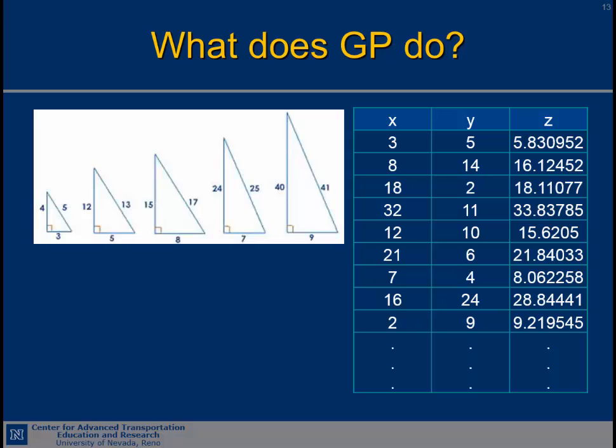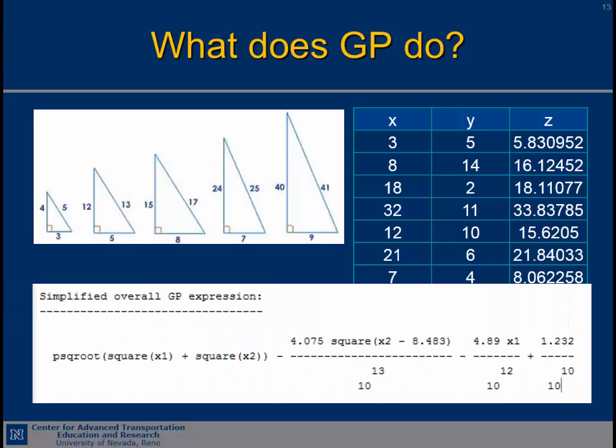In regular regression, it is not easy to find that equation, but with GP in a few minutes you can get it. If you delete these last three terms that are almost zero, you get exactly the Pythagorean theorem.